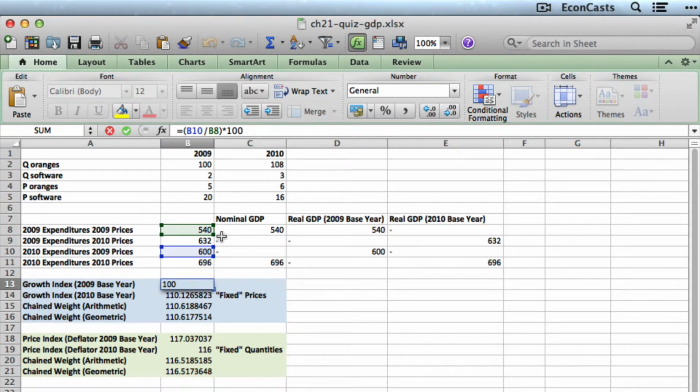This is our real GDP in 2010 divided by our real GDP in 2009. And we have 2009 as the base year.